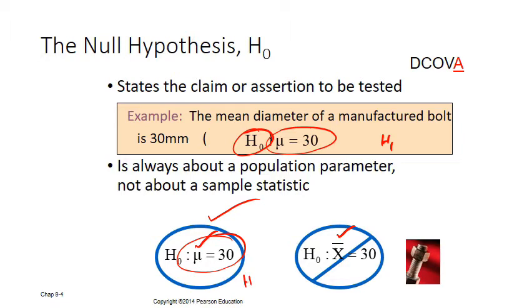Then we make the alternative that no, the average diameter of the bullet is not 30 mm. Whatever we test is our H1. This is a very important statement, I am repeating it: whatever we test, we say that this is H1. We are testing that the diameter of his bullets is not 30 mm. So H1 is mu not equal to 30, and whatever he claims, he is claiming that the diameter is 30 mm, so it is our mu.